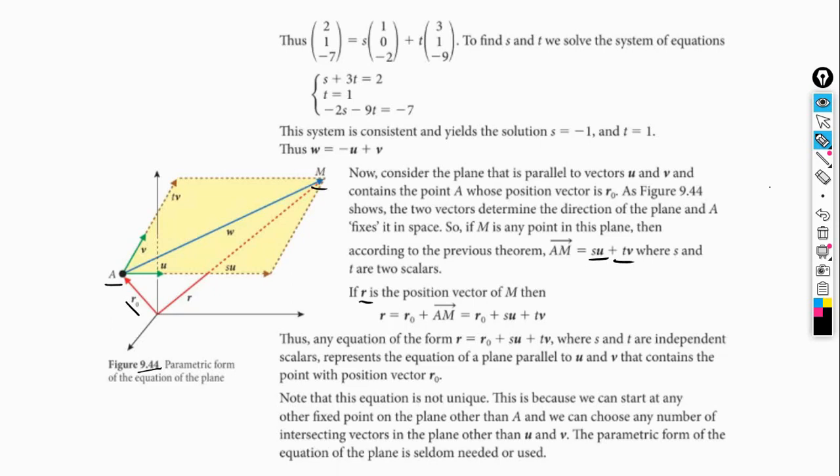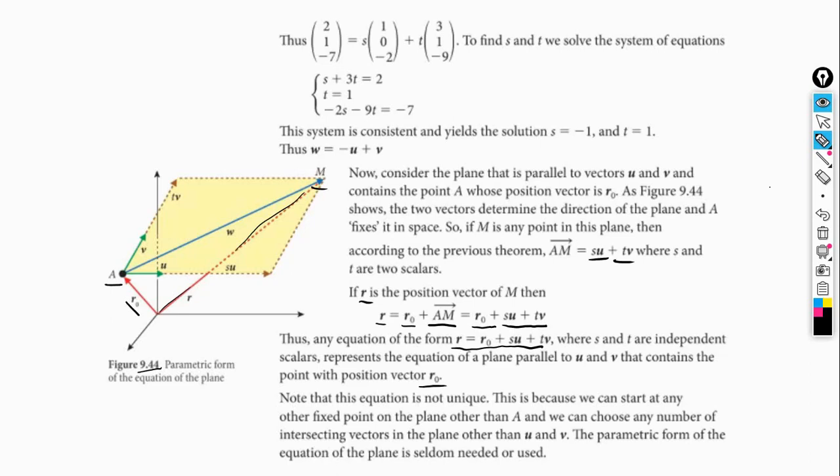If r is the position vector of M, as we can see here, then r = r₀ + AM. In other words, r = r₀ + su + tv. Thus, any equation in this form, where s and t are independent scalars, represents the equation of a plane parallel to u and v that contains the point with position vector r₀.